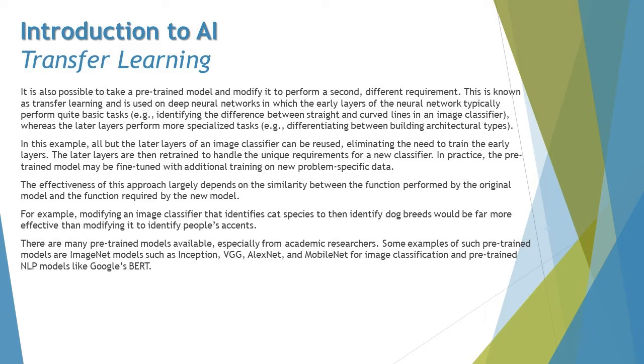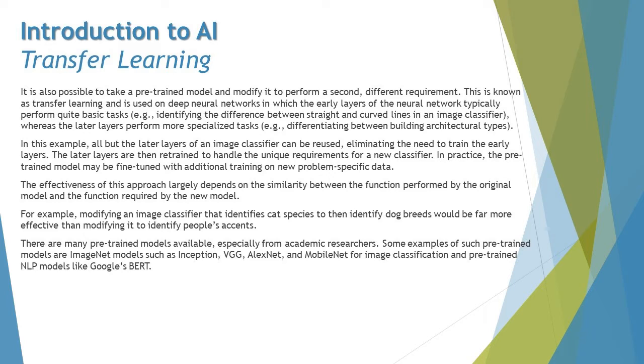For example, identifying the difference between straight and curved lines in an image classifier, whereas the later layers perform more specialized tasks, which means differentiating between building architectural types. In this example, all but the later layers of an image classifier can be reused, eliminating the need to train the early layers of it. Now, you really don't have to do it right from scratch or the beginning.